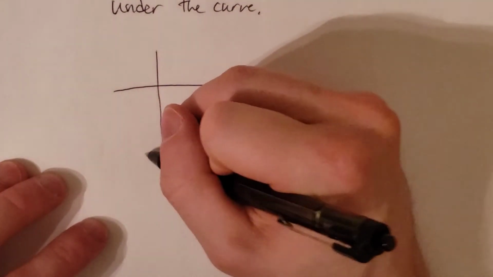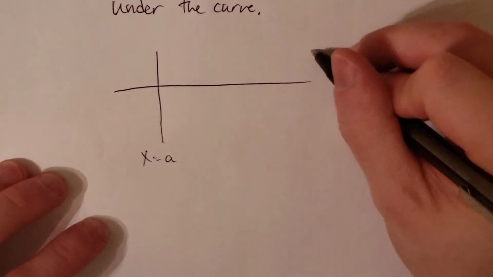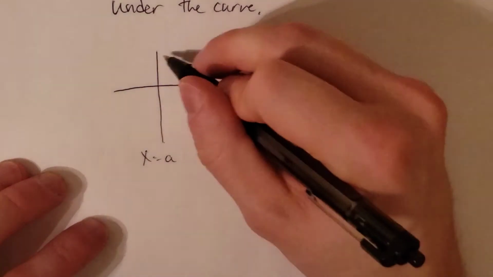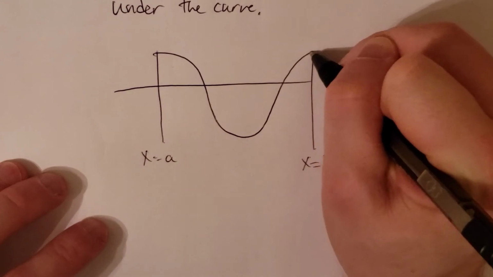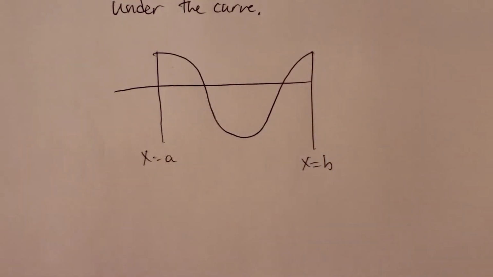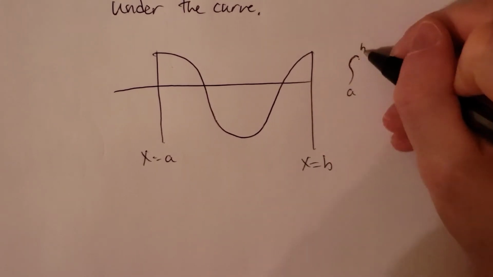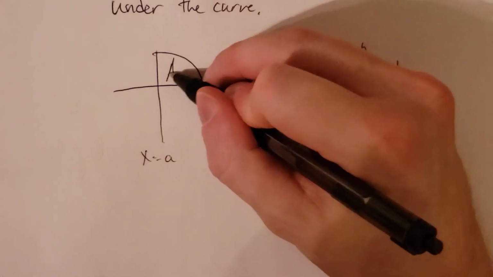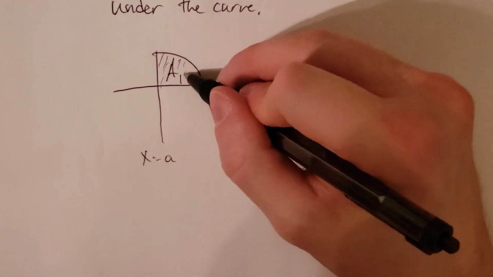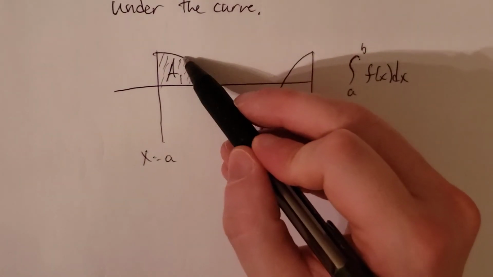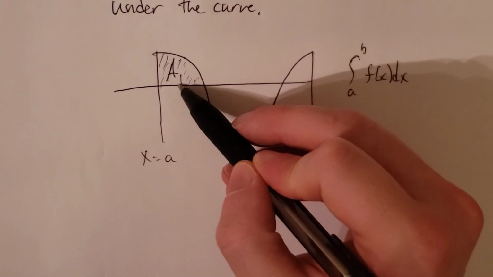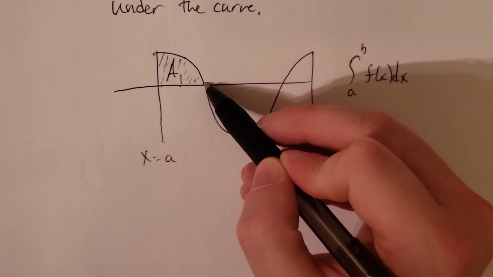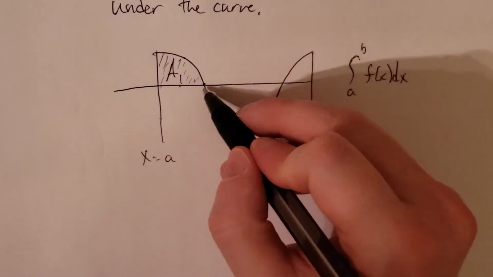If we had from x equals a to x equals b, and the function dipped below the x-axis at some portion on that interval, what the definite integral does, the integral from a to b of f of x dx, is we have this area here, A1, which is this region below the f of x, above the x-axis from x equals a to whatever point this is.